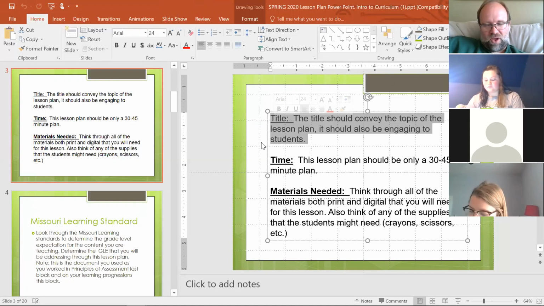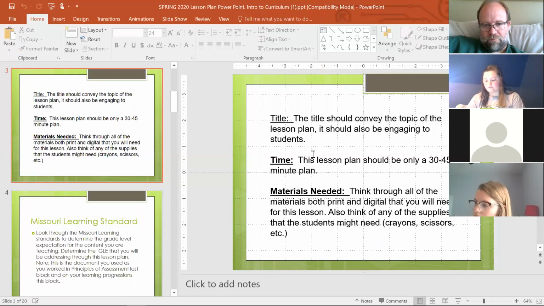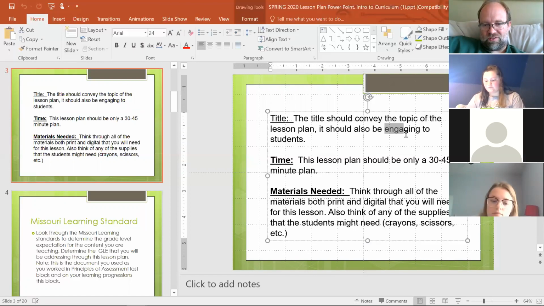Rather than that, you might call it Opening of the Great Depression, something like that, so that you have a framework of reference for what you're going to do. And it says it should be engaging to students. Well, that assumes that you tell the students the title of your lesson plans. Maybe you do, maybe you don't. But the title, if you choose to do it, ultimately has to be meaningful to you. And April 7th, Social Studies is probably not going to cut it.